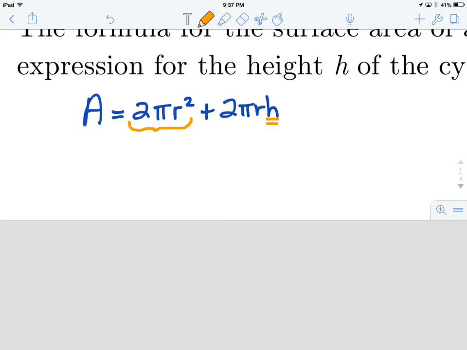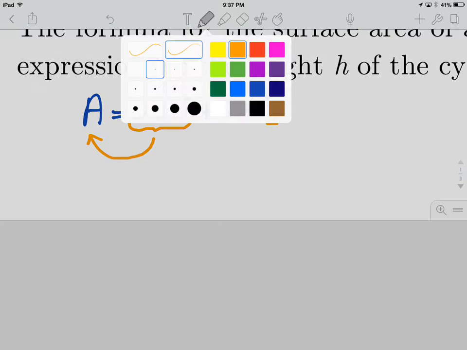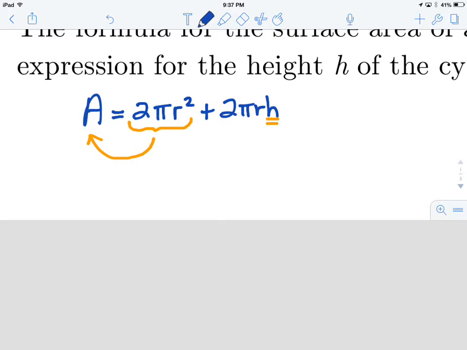And this term here, we're going to move over to the other side. Now, if you were going to do this in numbers, you'd say, hey, if I have an 8 on this side and I want to move it to the other side, I'm going to subtract 8, so it's exactly the same thing. We say A minus 2 pi r squared. And what we're left with is 2 pi rh on this side.